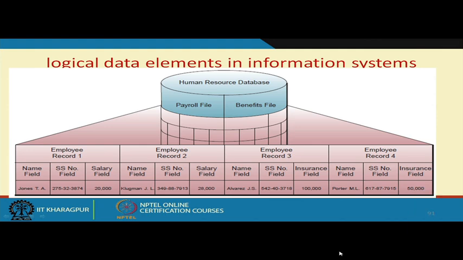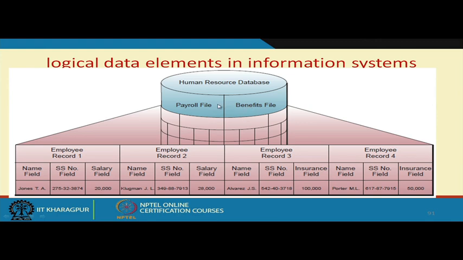If you look at the data, the way it is stored and the logical elements, at the top we have the database. A database consists of many files. For example, a human resource database may consist of a payroll file, a benefit file and so on. Each of these files contains many records.